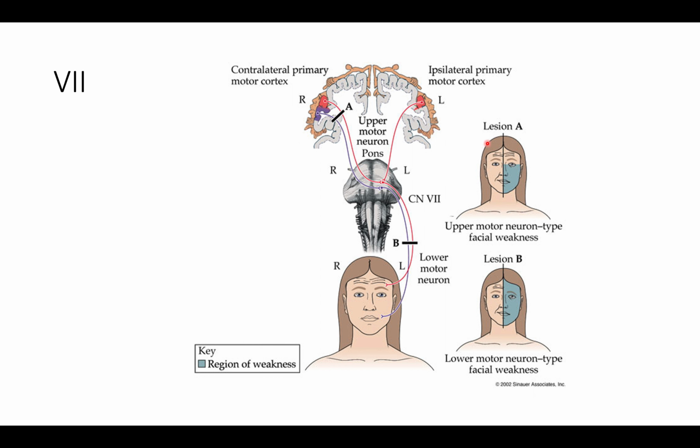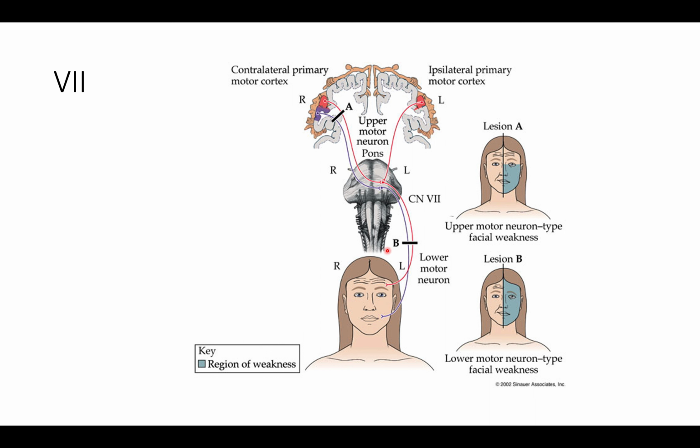Upper motor neuron weakness is usually caused by, for example, stroke or aneurysm or tumor. But lower motor neuron weakness is caused by, for example, Bell's palsy, and we will talk about this later.